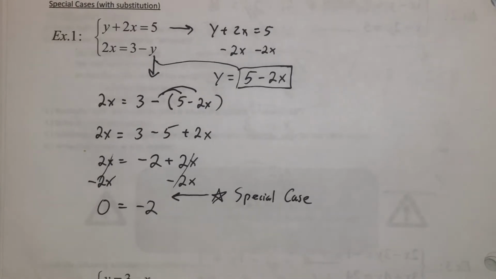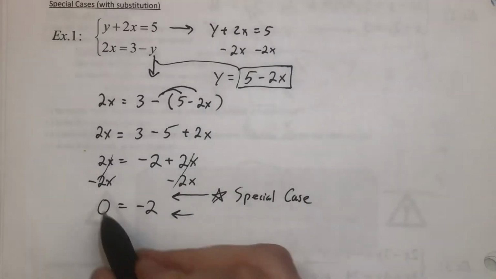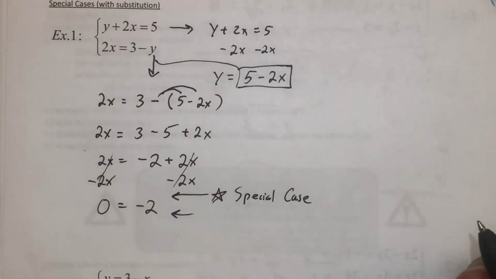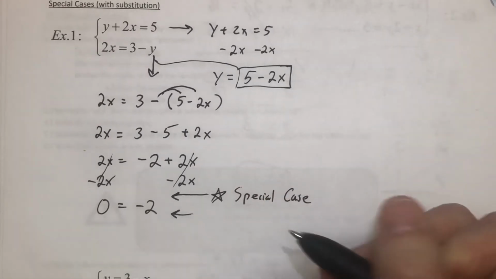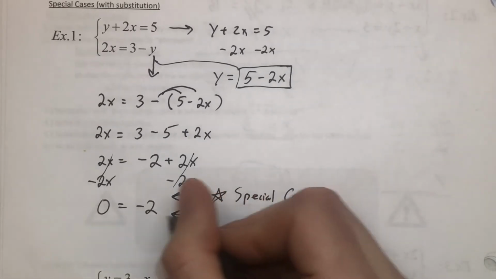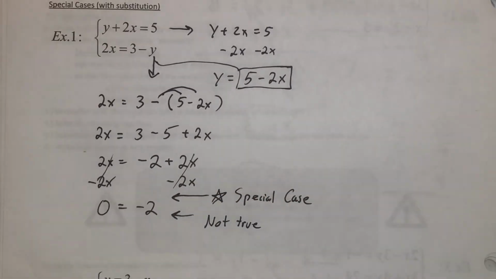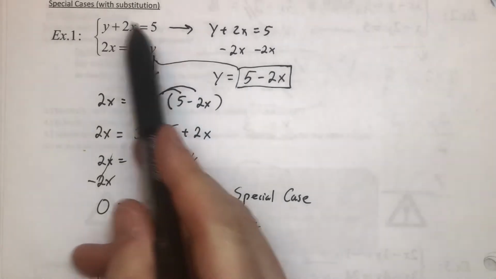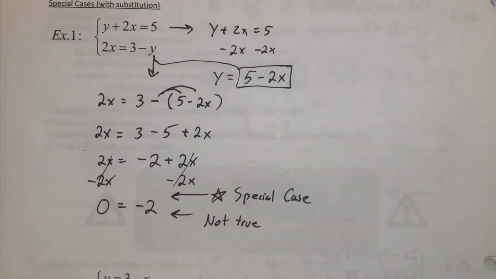Now the question of which special case it is relies on what you're actually left with. We're left with a statement of 0 equals -2. Well, that's obviously not true. 0 does not equal -2. And so just like in chapter 2 with regular equations, if you're left with a statement that is not true, not correct, basically, if this does not make sense, then the thing we're trying to solve doesn't have an answer that will solve it.